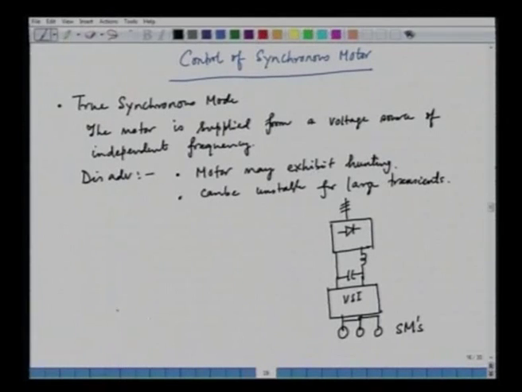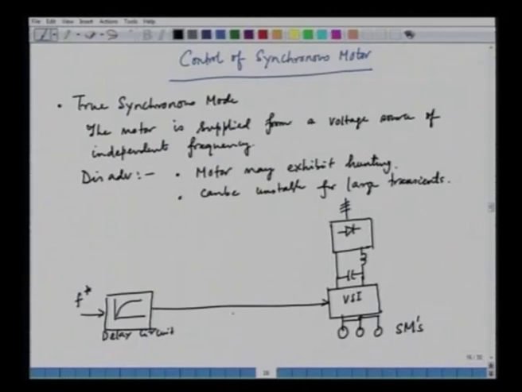So, we have a frequency command here, f star, and this is connected to a delay block. So, there is a delay here, we can have a delay circuit. And then this delay circuit will be giving a frequency which is fed to the VSI.